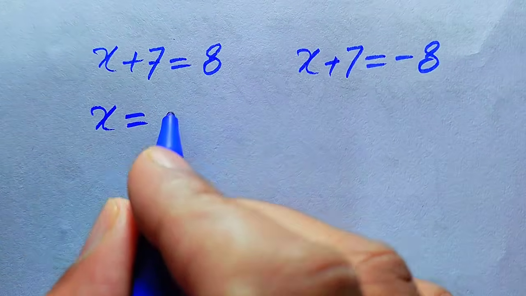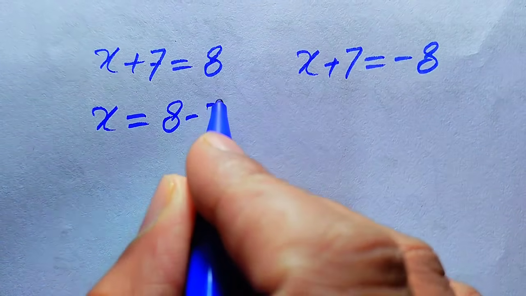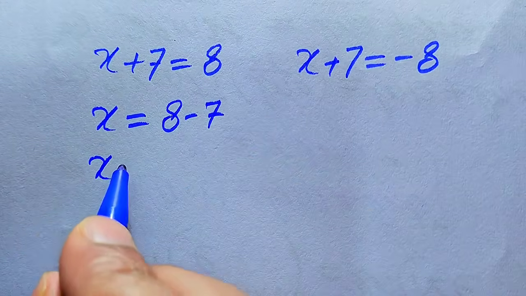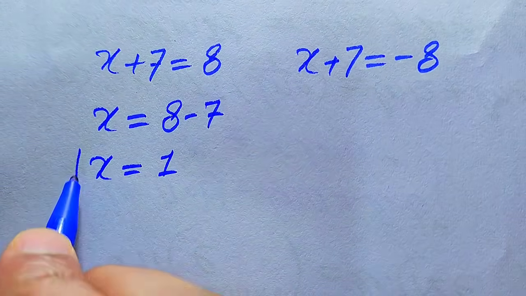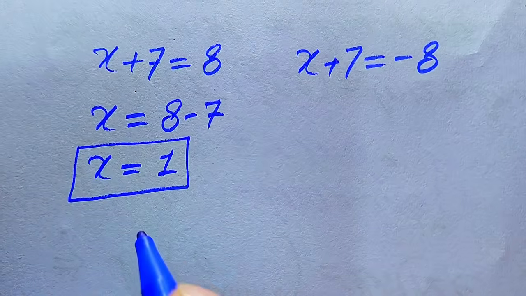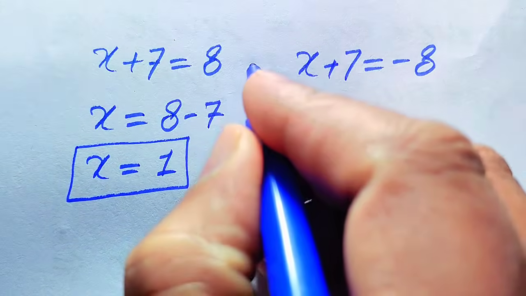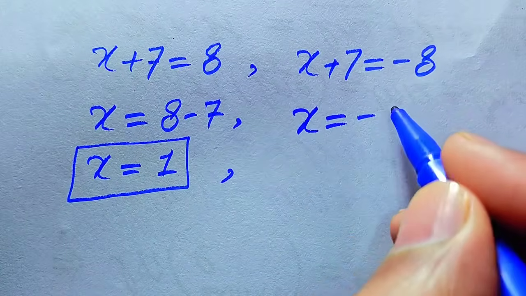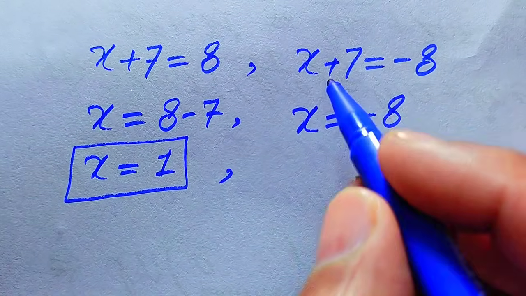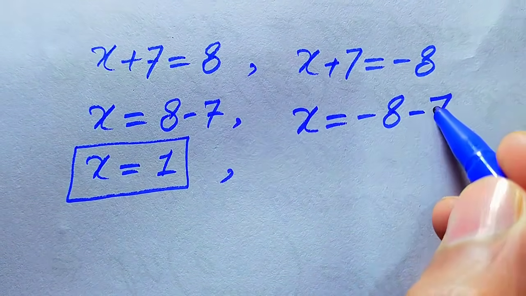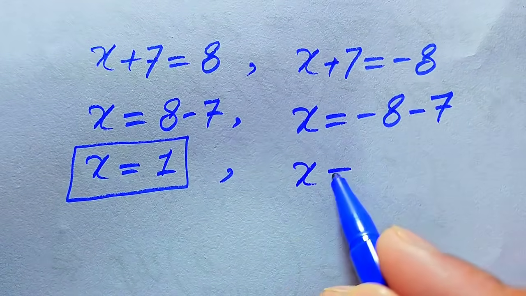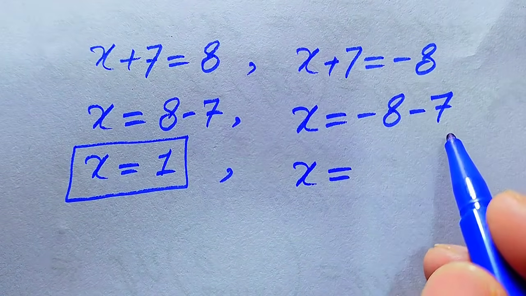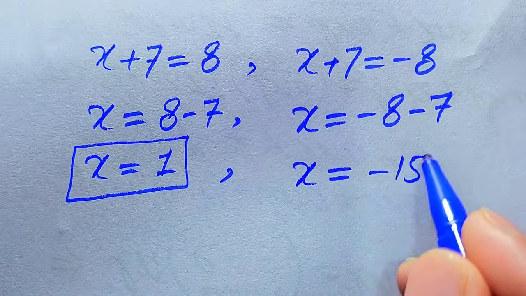So here we need a little bit more simplification, and here we easily get the values of x. So here we move plus 7 to the right hand side, and it becomes 8 - 7. So here we get the value x = +1. So from the second method we get this as the first root. And from here we again move this plus 7 to the right hand side, and it becomes minus 7, and we get the value x = -8 - 7, which becomes -15.